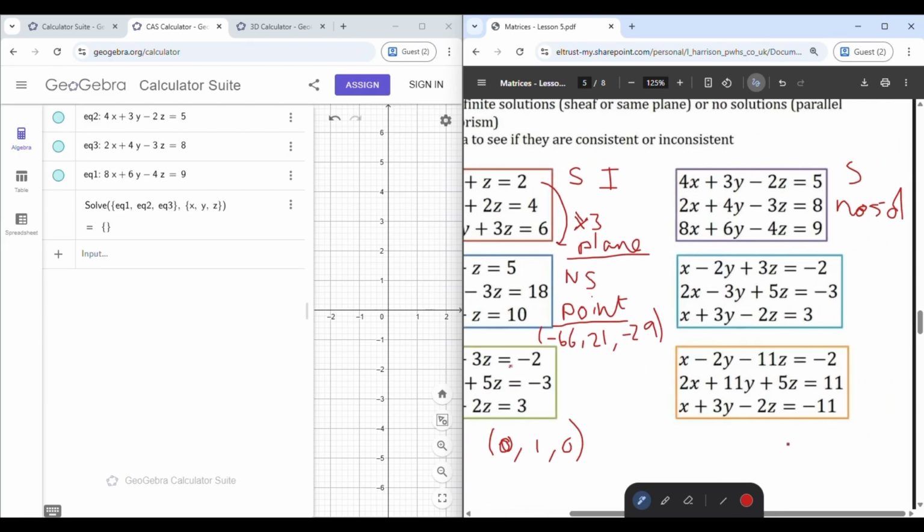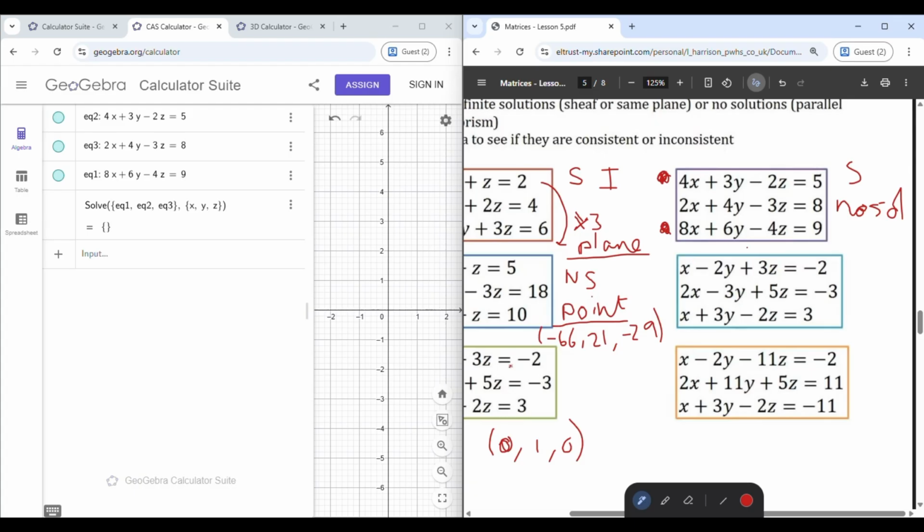So let's see what we've got here. The top equation has 4x plus 3y minus 2z. Can we see that this equation here, 8y plus 6y plus 4z, they are going to be parallel to each other? Because if we multiply equation 1 by 2, the left-hand side will be the same, but 5 times 2 would get us 10, whereas equation 3 equals 9.